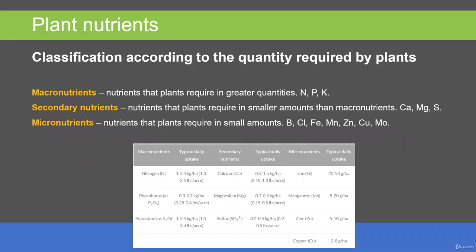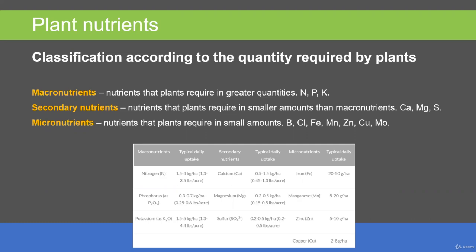Now, plant nutrients can be classified according to the quantity required by plants. I assume that most of you already know that, but let's go over it.